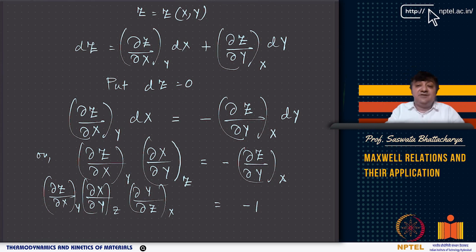See, this is something that we have used in the previous lecture also. We have proved it in the first week or second week, and this is something that we will continue to use. So when you want to find useful relations, there is a little bit of algebraic manipulation involved, a little bit of mathematical jugglery, and the only math that you have to use is the properties of partial differentials, and the properties of exact differentials or inexact differentials.